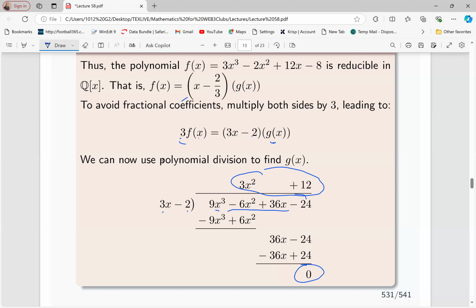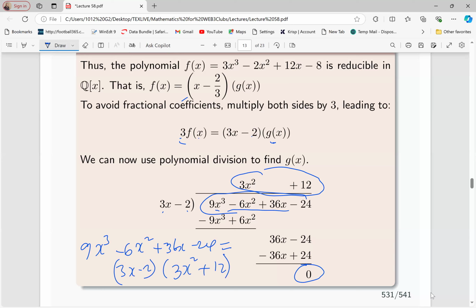So this polynomial is factorizable. 9x cubed minus 6x squared plus 36x minus 24 is factorizable as 3x minus 2 multiplied by 3x squared plus 12.